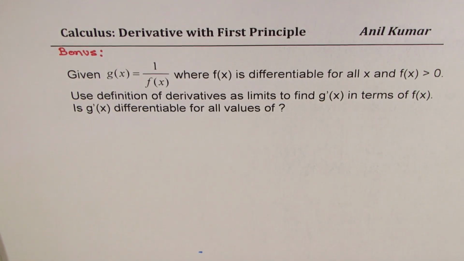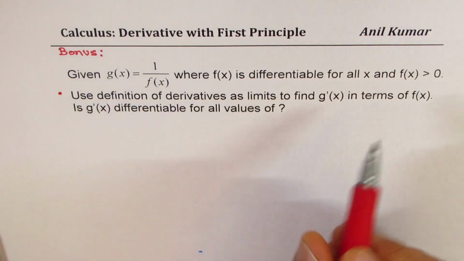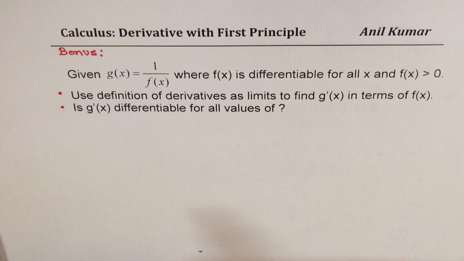Part B of this question is, so we have two parts here. First, you need to find an expression for the derivative, and the second is to show the derivative of g of x is differentiable for all values of x. You can pause the video, answer this question, and then look into my suggestions.